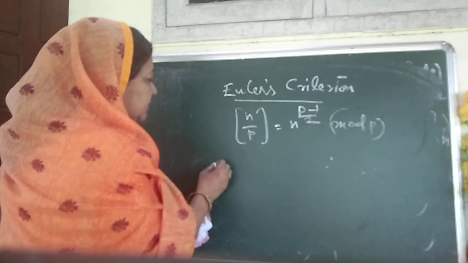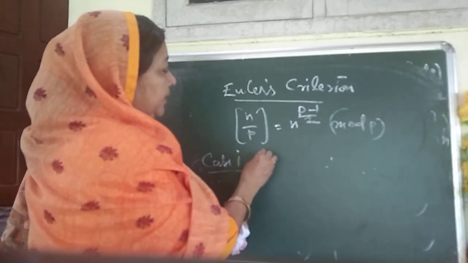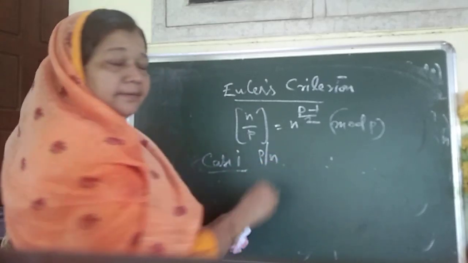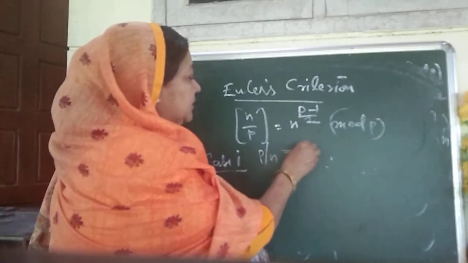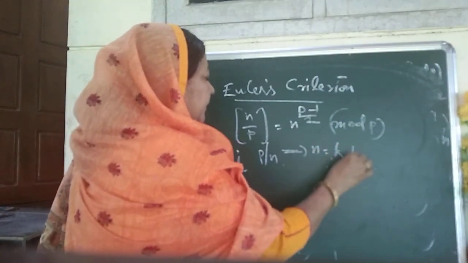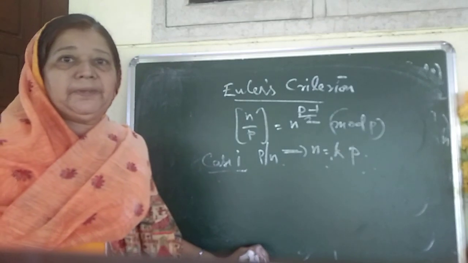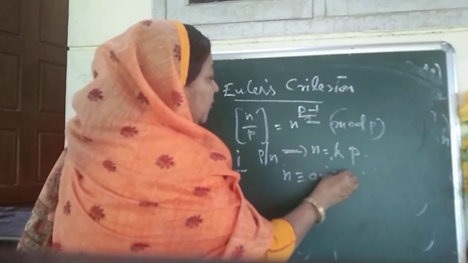Case 1: p divides n. That is, n is a multiple of p, so n equals k into p. That means n is congruent to 0 mod p.